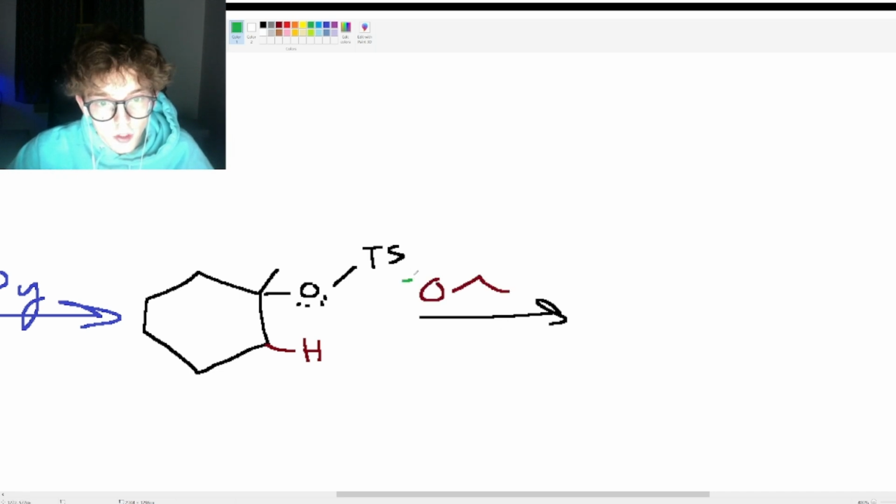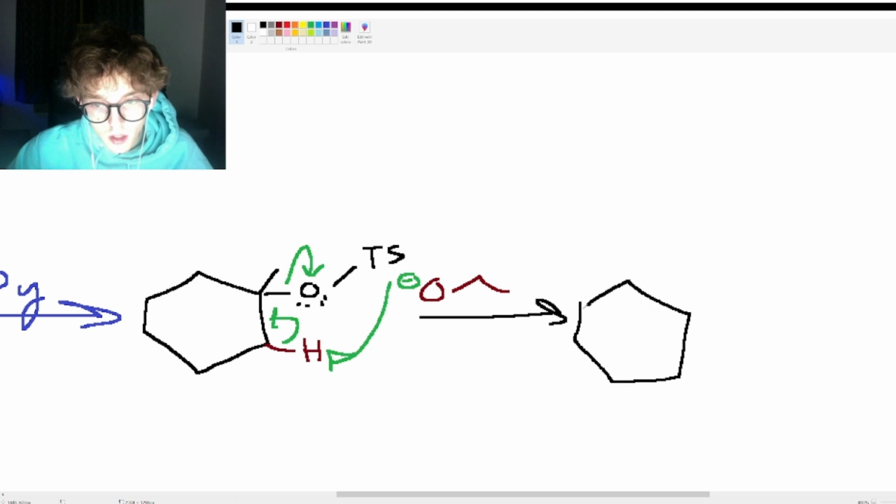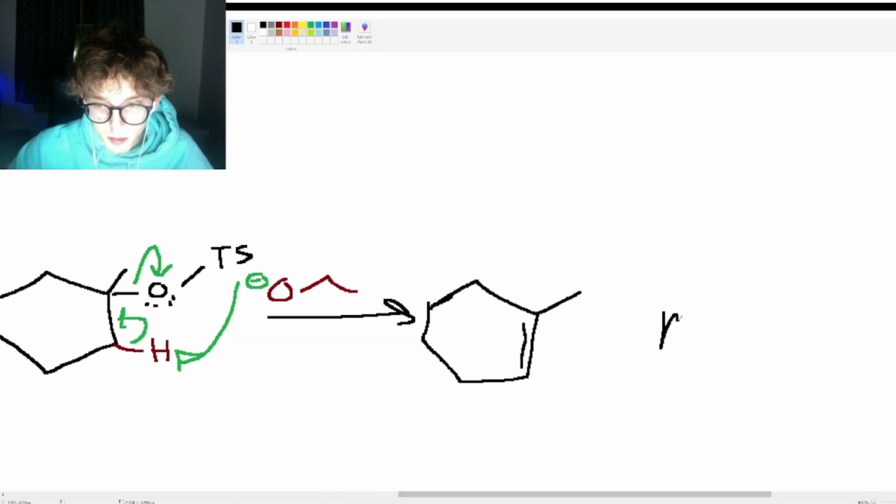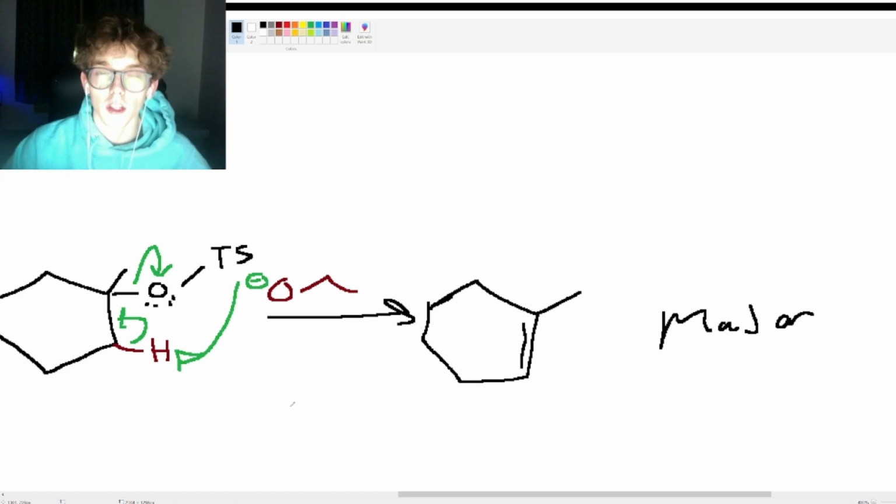And we have a negative charge, comes in, and eliminates and kicks off that group, giving us the more substituted product, the Zaitsev product, as they say. And this is your major product. Again, if you want no reversibility, that tosyl group is heavily resonance stabilized and is a good option.